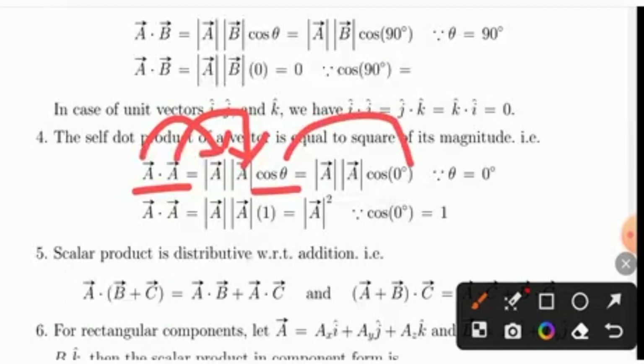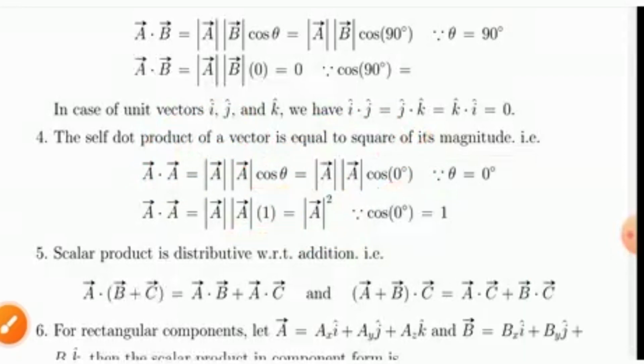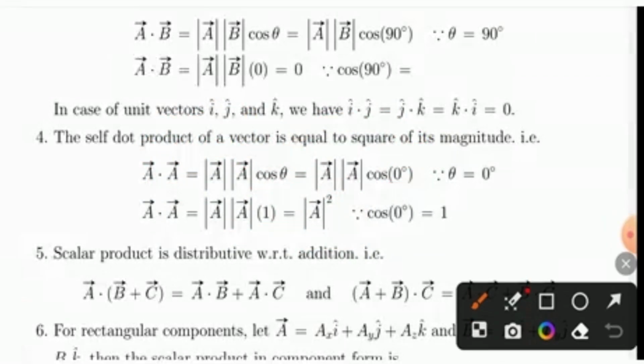Theta between these two vectors, because it is a self product, is equal to 0, and cos 0 is equal to 1. We can replace it over here, then the magnitude will become A squared. So we can say that the self product of a vector is equal to the square of its magnitude.